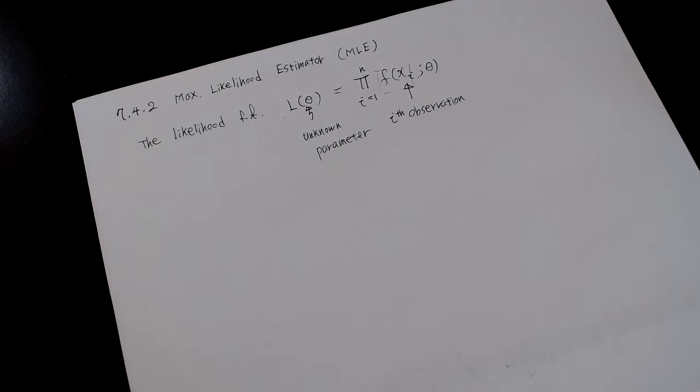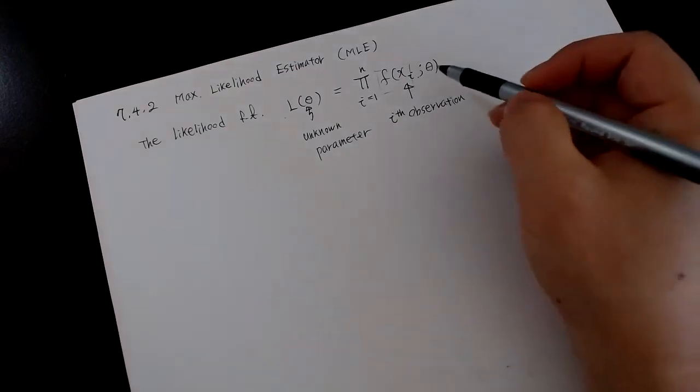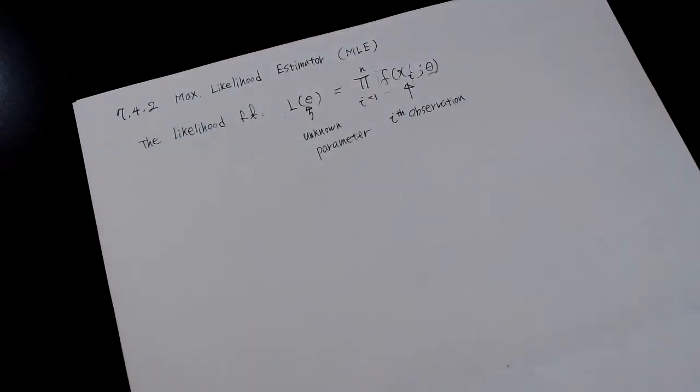There is no restriction, no domain, so we have to find the relative maximum of L of theta. It means we have to find the critical value of theta, as we learned in calculus.